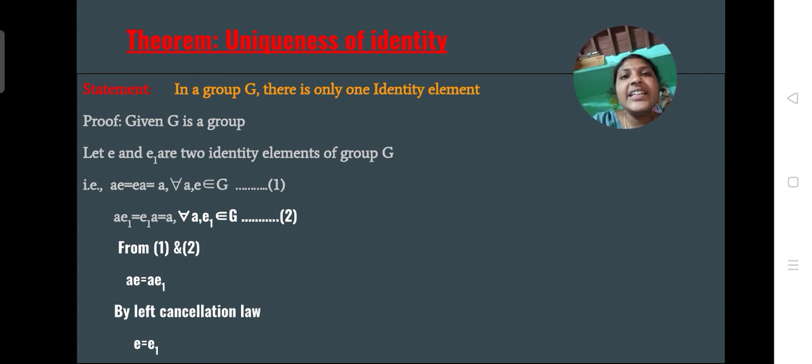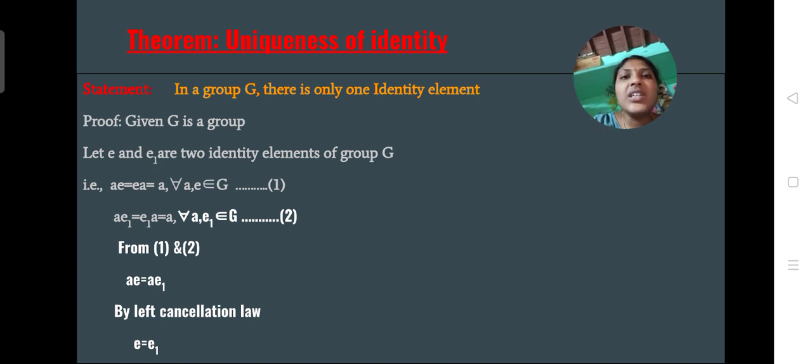So let E and E1 be two identity elements in group G. Identity element means the identity property is A into E is equal to E into A is equal to A for all A, E belongs to G. And next E1 is also an identity element of G. Then AE1 is equal to E1A is equal to A for all A, E1 belongs to G. So AE is equal to EA is equal to A is equation 1, and AE1 is equal to E1A is equal to A is the second equation.